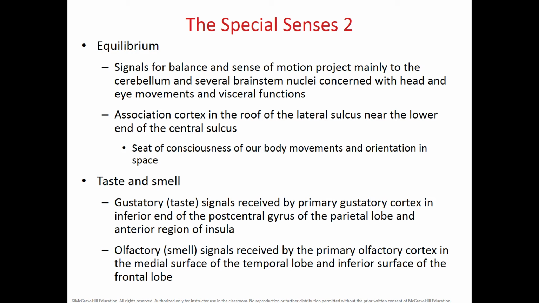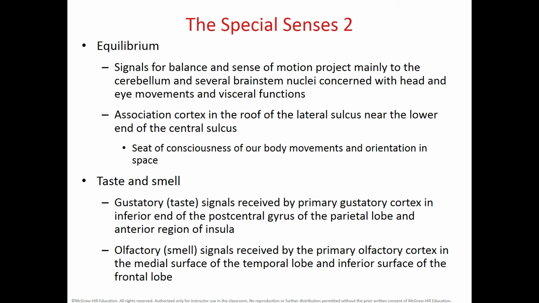The other two special senses are taste and smell. So we have the gustatory sense, which sends signals that are processed in the primary gustatory cortex, located within the postcentral gyrus of the parietal lobe and anterior to the insula.